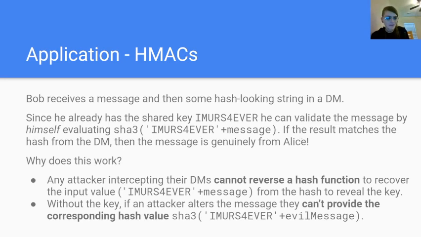Why does it work? Well, for one thing, no one eavesdropping on this conversation can actually recover the secret key. There's no way to get "I'm yours forever" out of the hash because there's no way to reverse the hash. There's no way to invert that function.